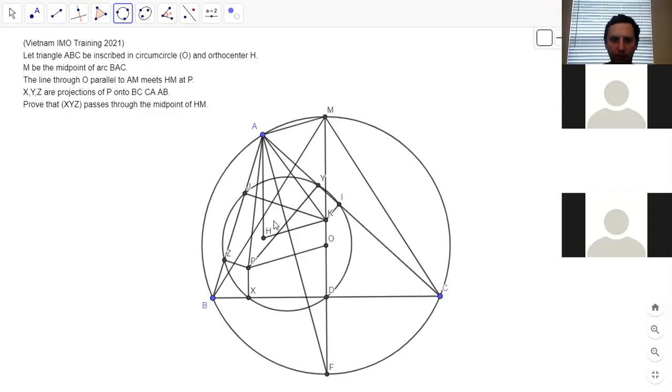It might. It is interesting. Wherever you move A, the isogonal conjugate of K will lie on HM.